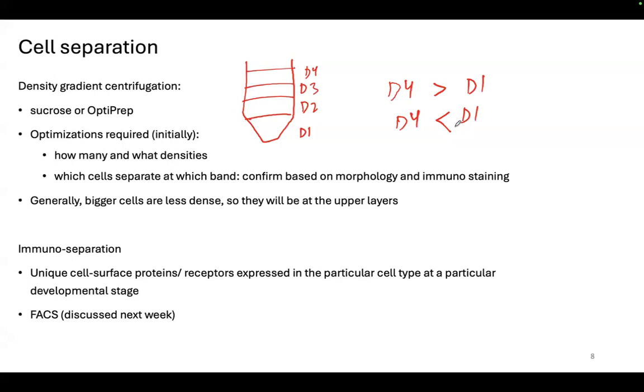So which of these mediums is the most dense? Which is denser? Which medium is denser? D1, D4?